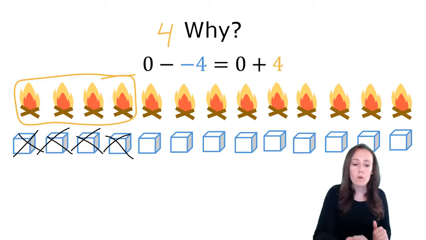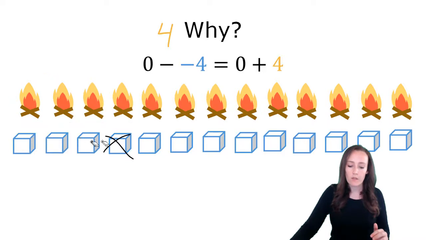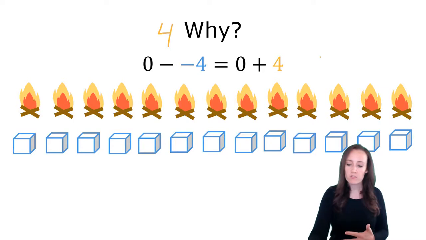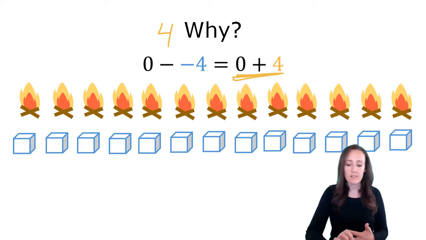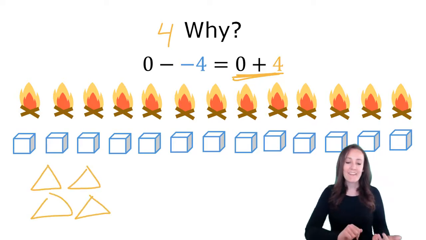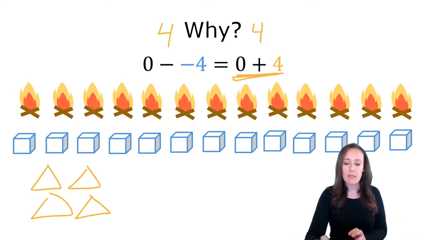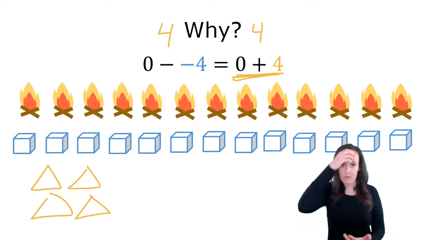And it's supposed to be equal to adding 4 fires. You can see that that would be true because, I'm not going to be very good at drawing fires, let's just draw triangles. If I were to add in 4 fires, you can see that would give you the same answer and you would still have a positive 4.